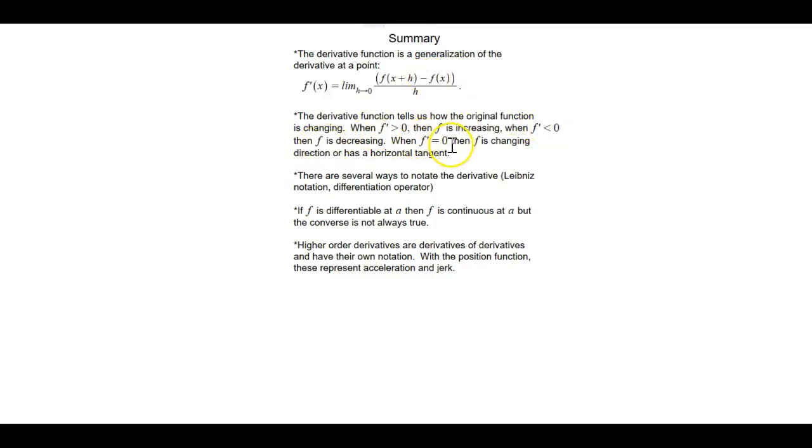When the derivative is 0, f is changing direction or has a horizontal tangent. We looked at the different notations for derivative functions, where a derivative might not exist, where a function might not be differentiable, and also we talked about higher order derivatives.